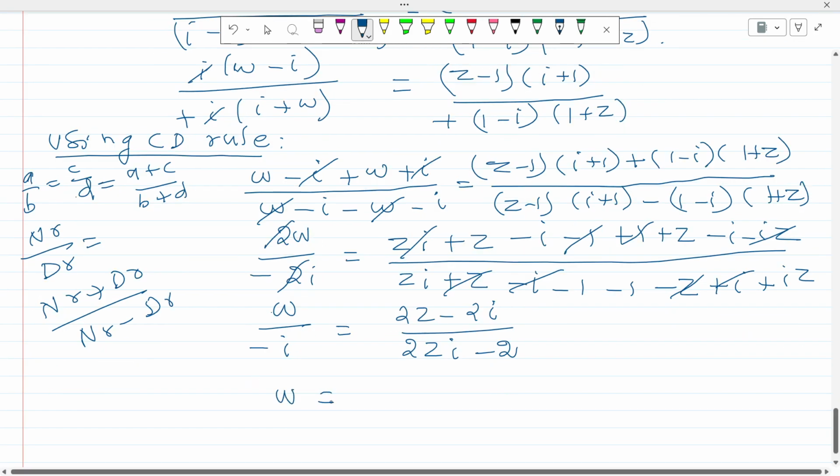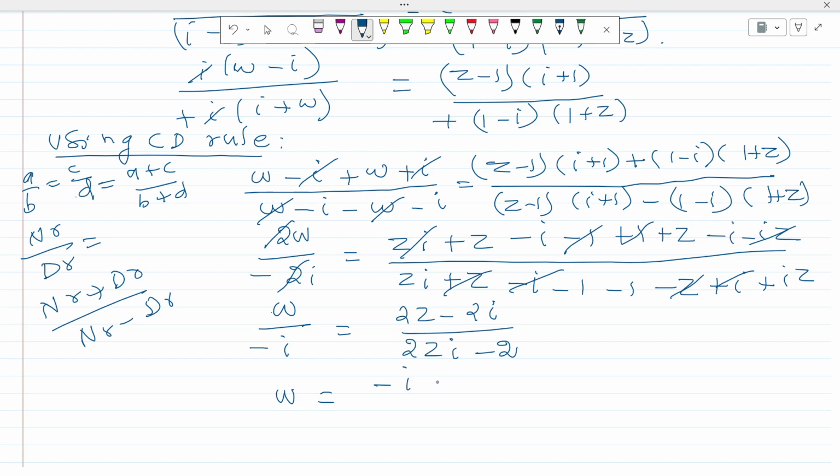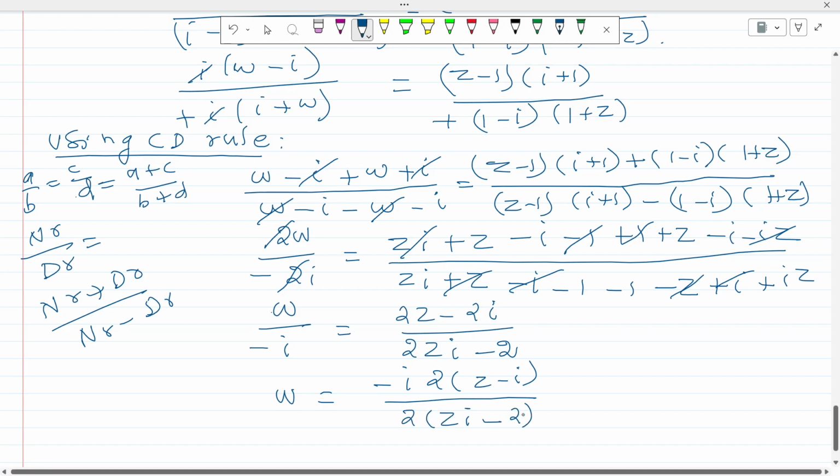Then W equal to what? Cross multiply that, minus I here, 2 take it outside, 2 into (Z minus I) divided by, taking 2 outside, (ZI minus 2).